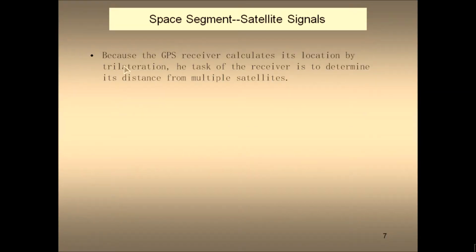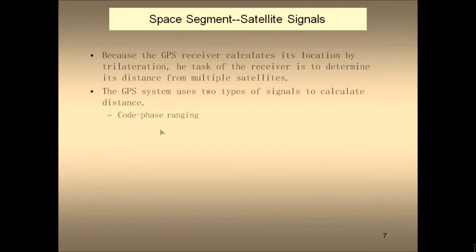Since the GPS receiver calculates its location by trial iteration, the task is to determine its distance from the multiple satellites it has locked. The GPS system uses 2 types of signals to calculate distance. One is code phase ranging, the other is carrier phase ranging.